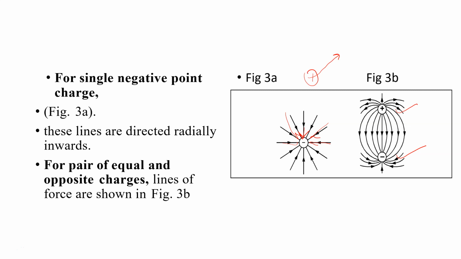But when there is a negative charge, these outward lines of force are attracted towards the negative charge. So they originate from the positive charge and go into the negative charge. That's why there is attraction between positive and negative charges. So we have learnt about the positive charge, the negative charge, and the pair of equal and opposite charges.